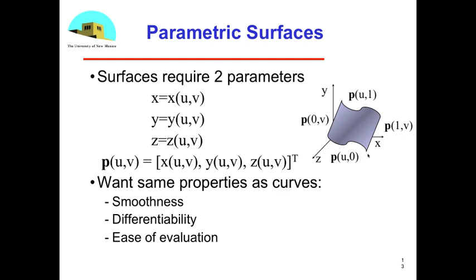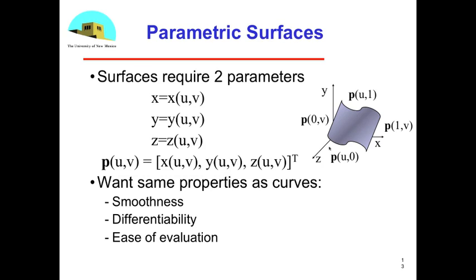And in fact, if you look at it this way, suppose I look at this curve p of u, 0 here, and now I change the 0 to be a small amount, 0.01 say. I now have a parametric curve which is a little bit different from p of u and 0, but if I look at that continuously, as I make little bitty changes, I trace out a surface.